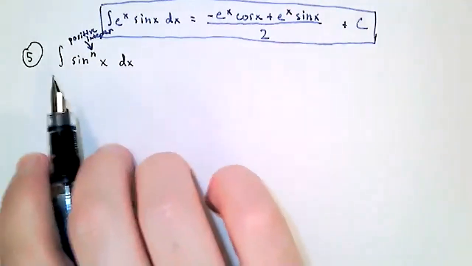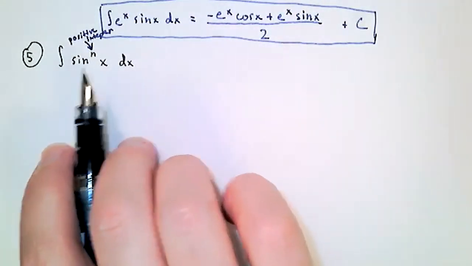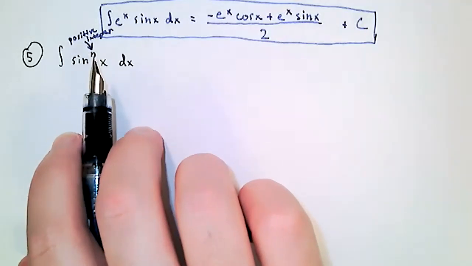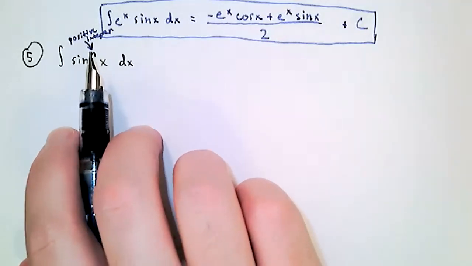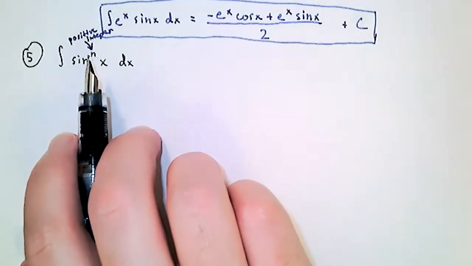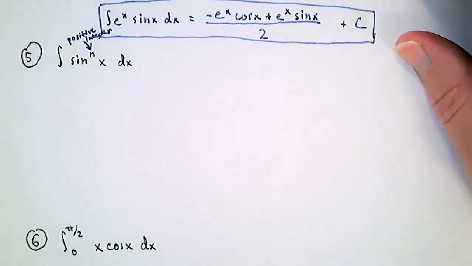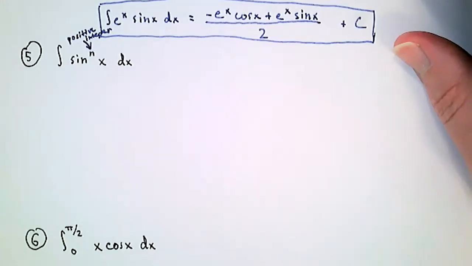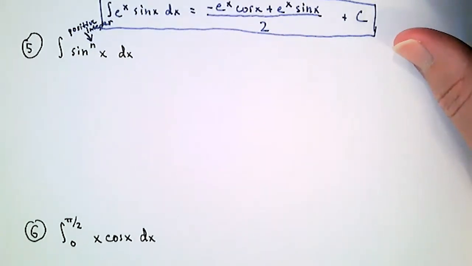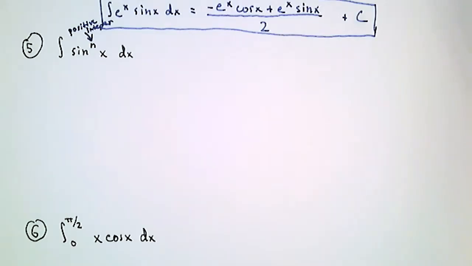And we're trying to come up with a rule that will work no matter what positive whole number is here. So it could be a 1 or a 2 or a 3 or a 55 or a 5003. We're just looking for some kind of rule that could help with this integral.